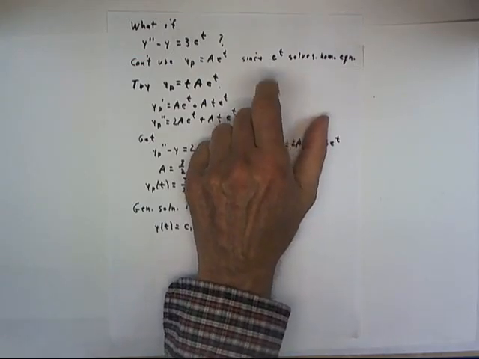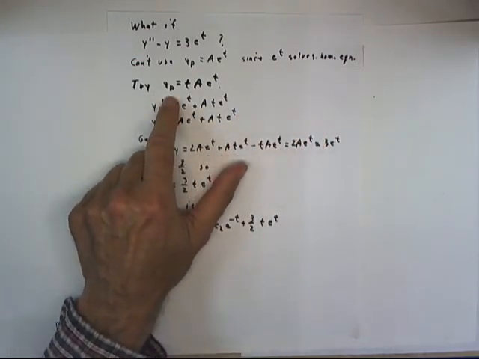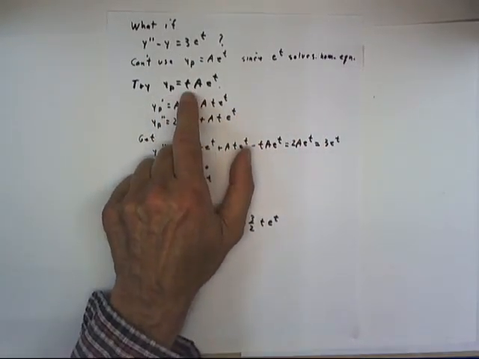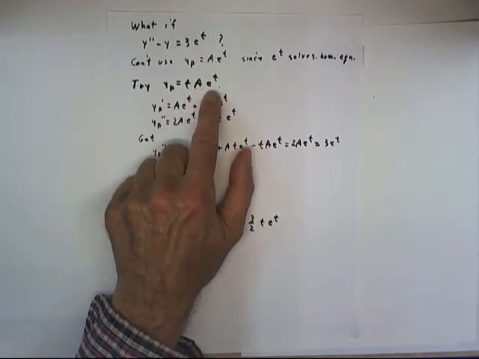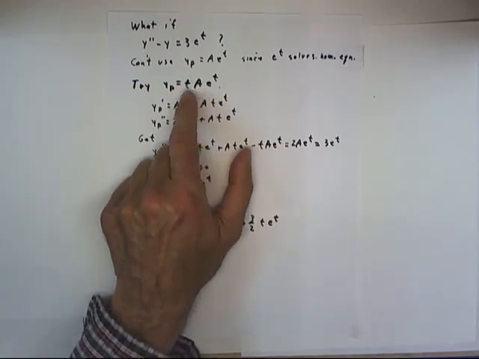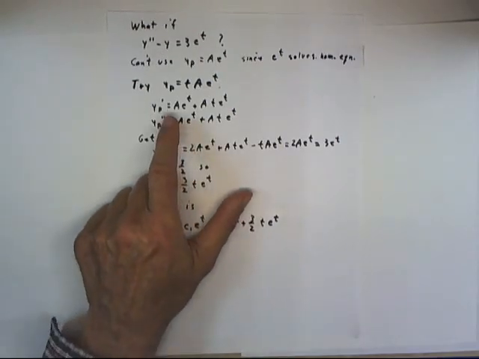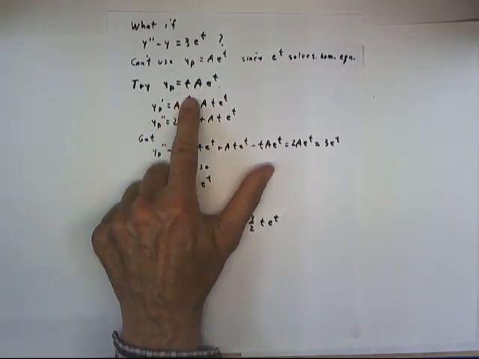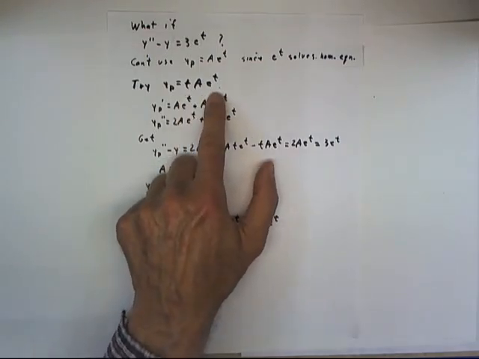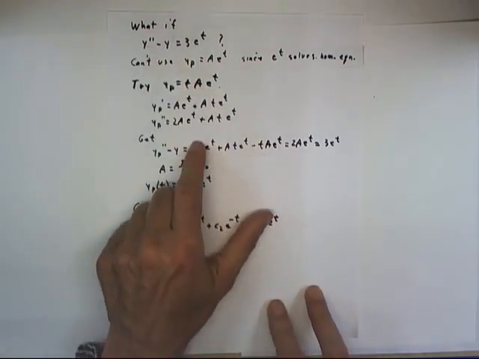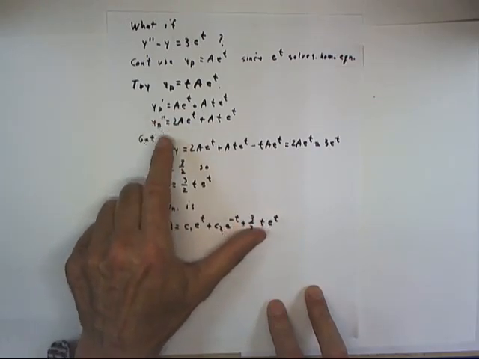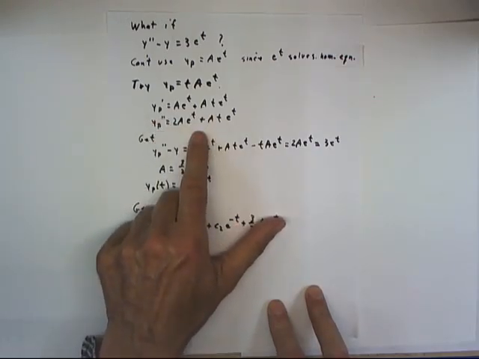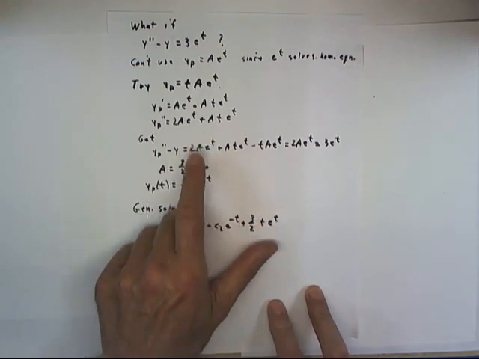Well, now, if we try y particular equal t times a e to the t, in other words, a multiple of t e to the t, then this is actually going to work in a way that we'll see. This function is no longer a solution to the homogeneous equation. If we take the derivative and the second derivative, you can verify that we get these two expressions.